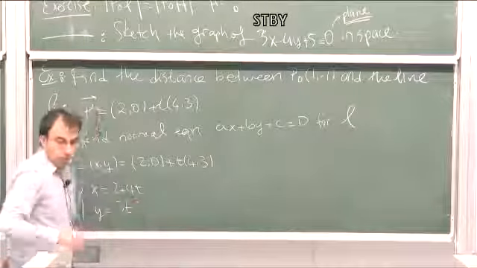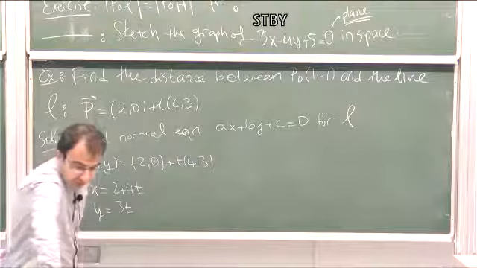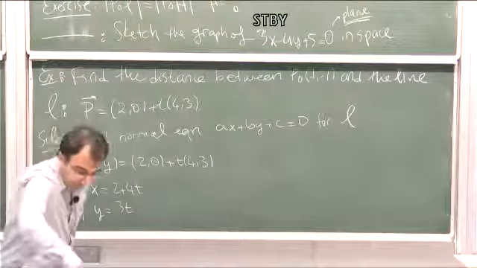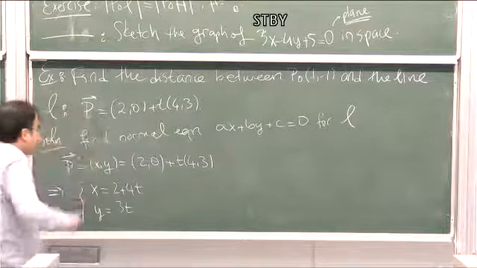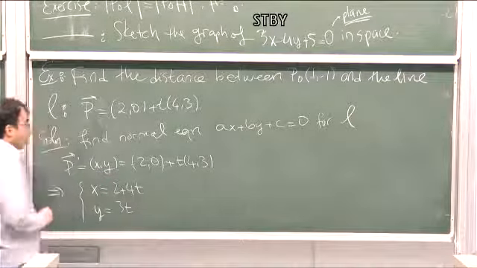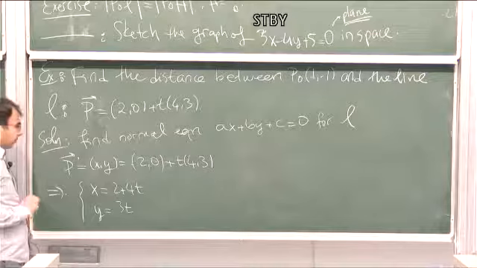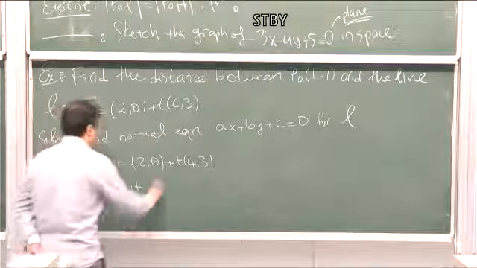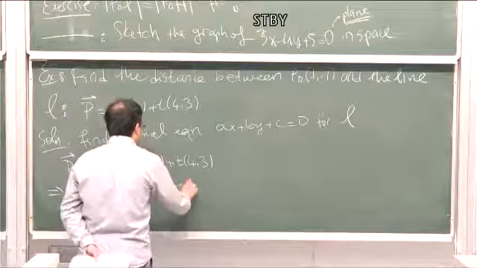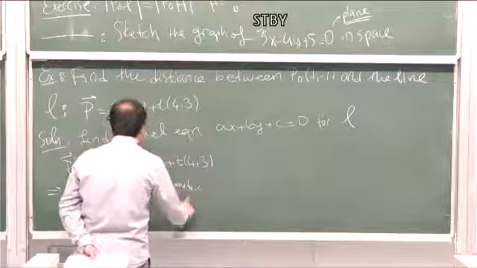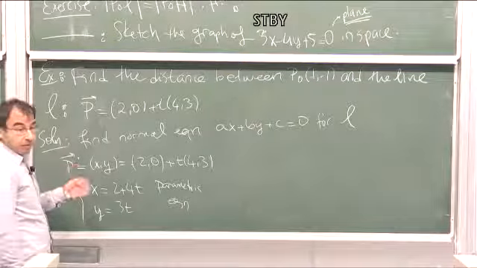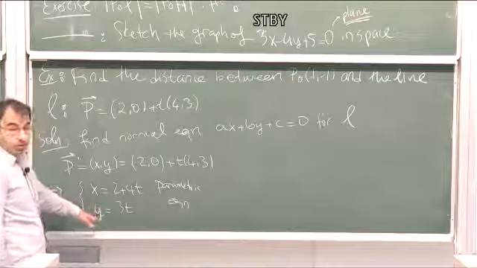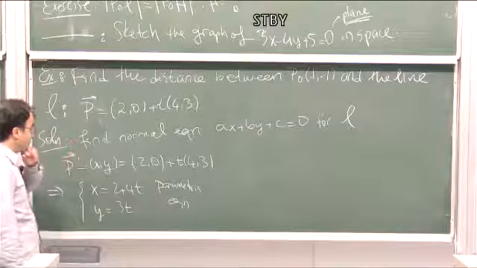So this is my vector equation, the parametric equation. There is no z because we are in the plane now. In space, there is also another one for z. In the plane, there are two, x and y.